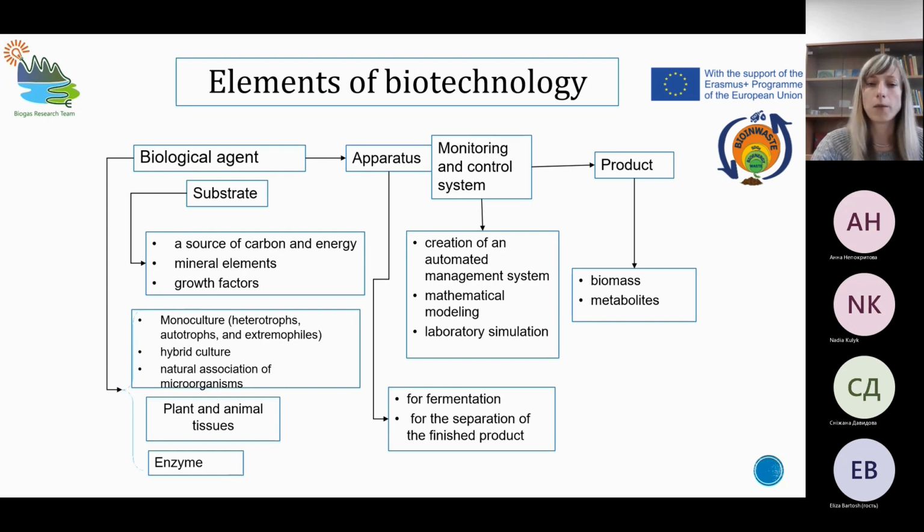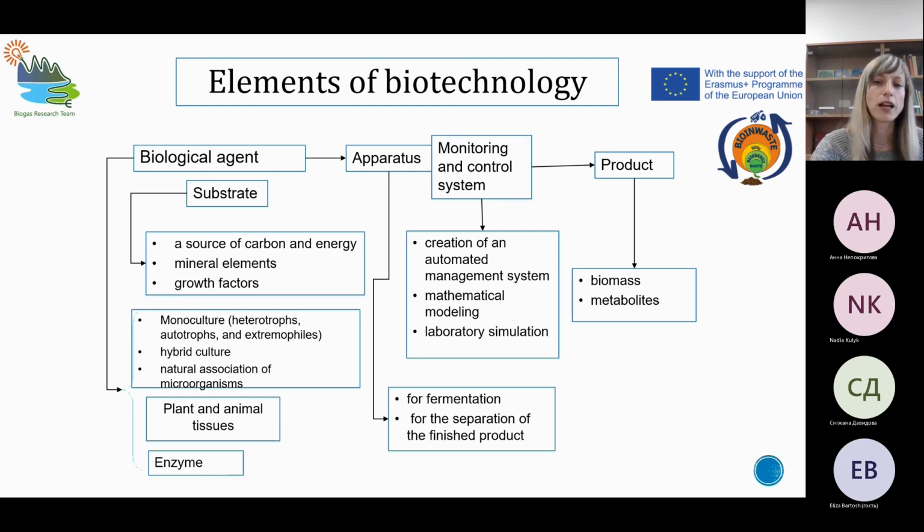So, about apparatus or equipment: for fermentation and for separation of finished products, we can use different types of equipment. And of course, we have monitoring and controlling systems all the time. It's very important, along with creation of automatization systems for monitoring, modeling, simulation.